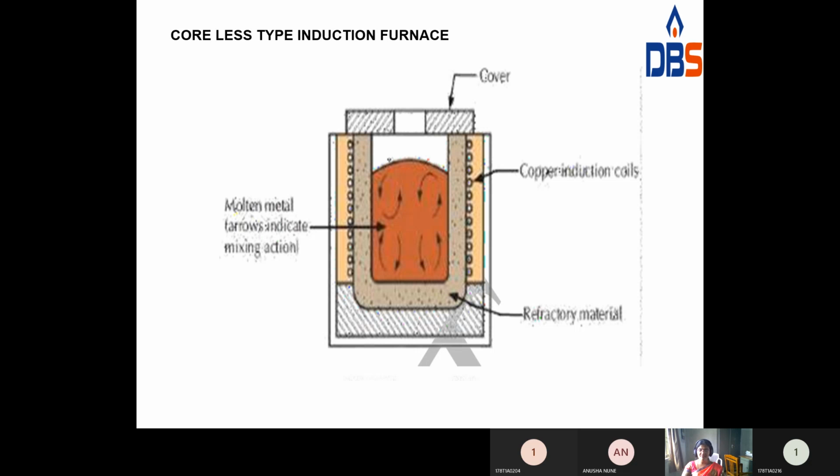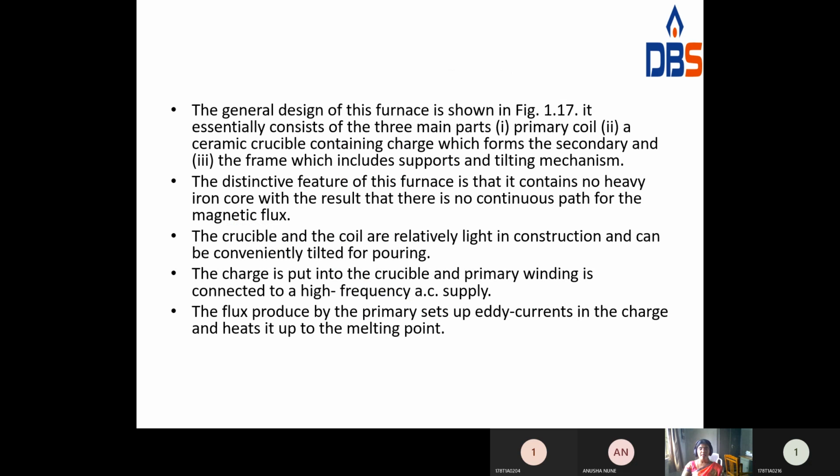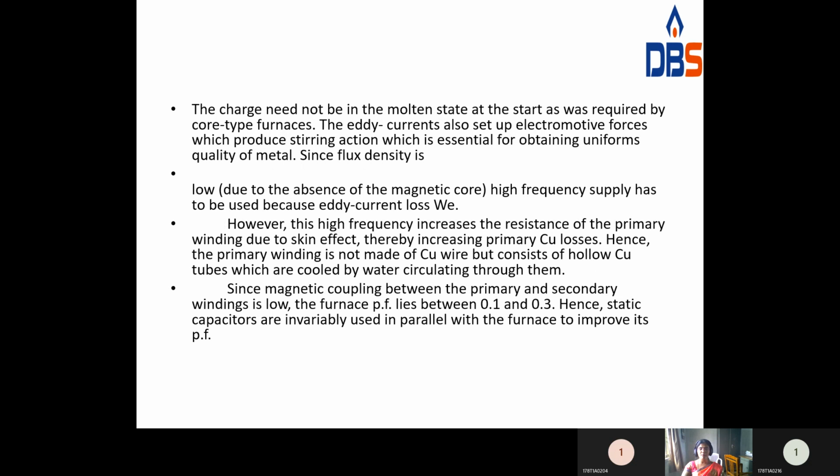Whenever the flux is linked with the secondary, current is induced in the secondary, and current produces some amount of heat. At that time the metal which is to be heated is heated up to the melting point. The flux produced by the primary sets up eddy currents in the charge, because the charge itself acts as a secondary and heats up to the melting point. So this is the construction and operation of the coreless type induction furnace.